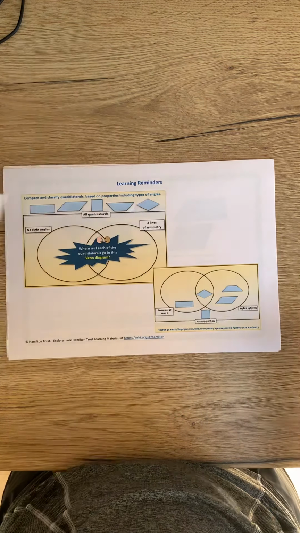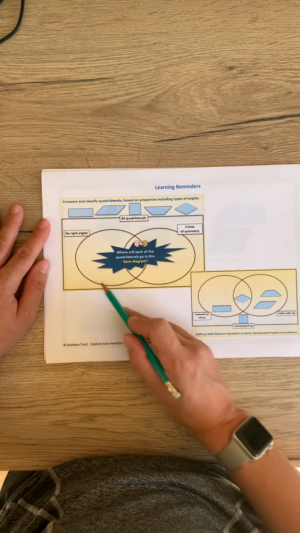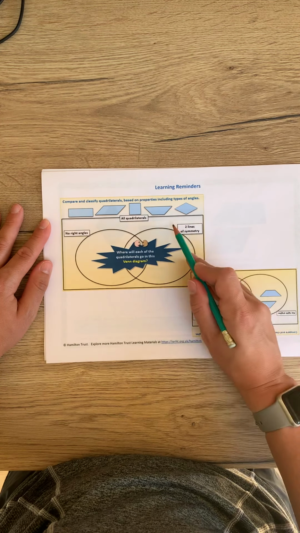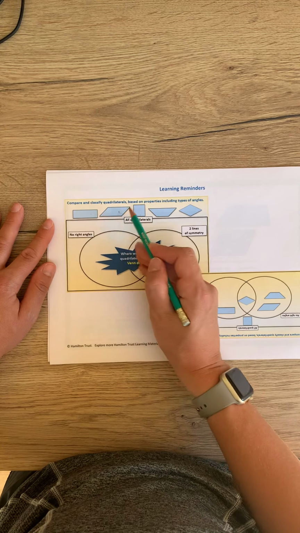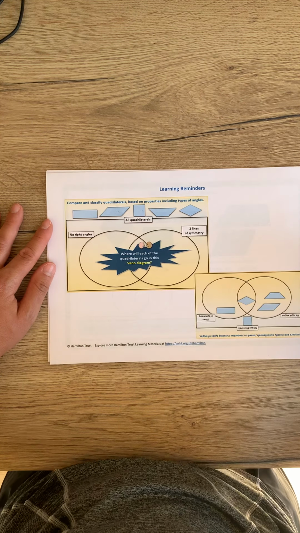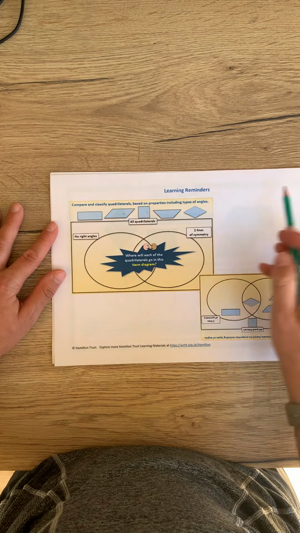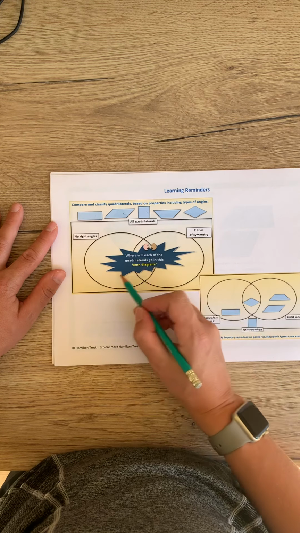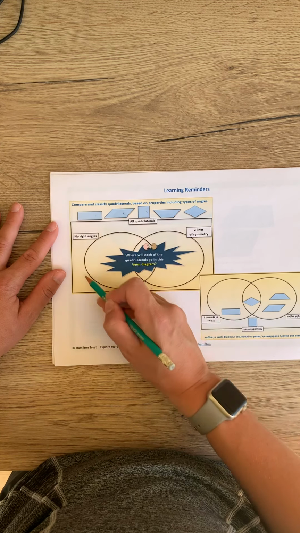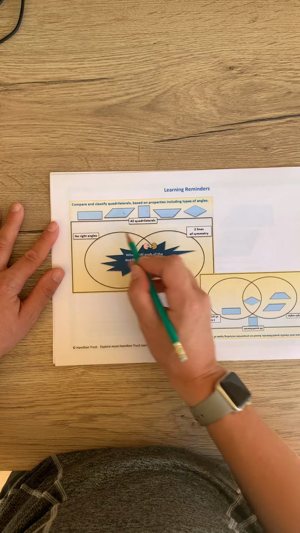Now, you are going to be looking at sorting quadrilaterals using a Venn diagram, which is where we've got two circles overlapping, in today's lesson. So you've got 1, 2, 3, 4, 5 quadrilaterals to get you started. Just have a think about where these quadrilaterals would sit in this Venn diagram. This circle is for any quadrilaterals which don't have any right angles.